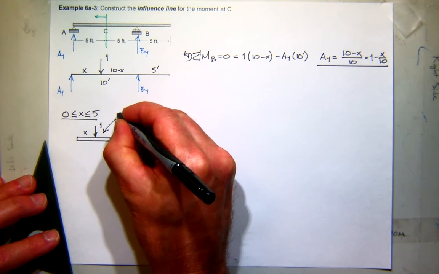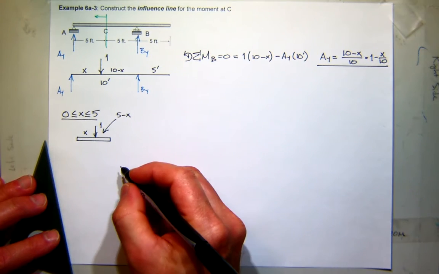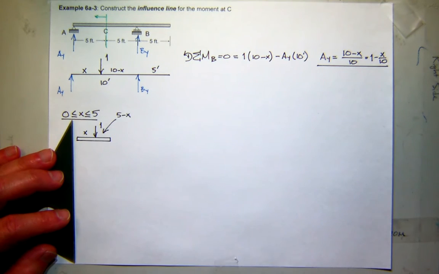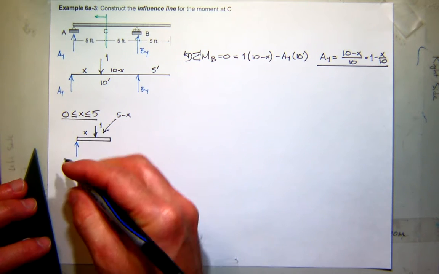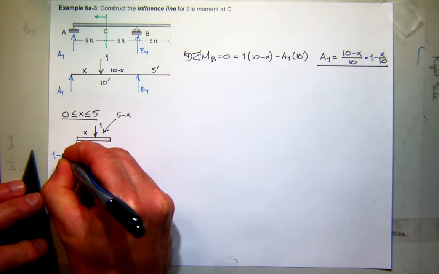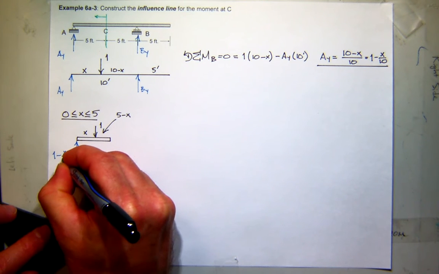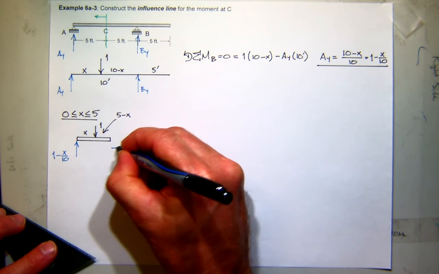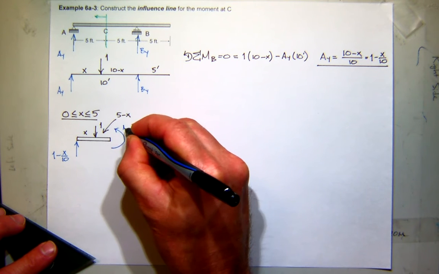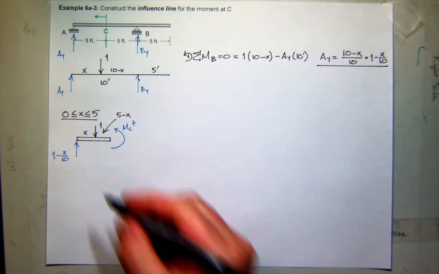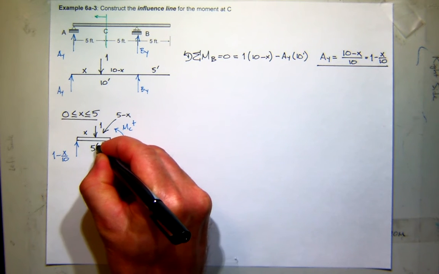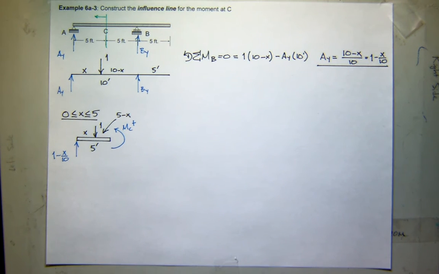This would be 5 minus x is that distance. I would have the reaction at AY, which is up, of 1 minus x over 10. And then I'll have the internal moment that I'm looking for, the moment at C. And of course, this segment is 5 feet long.